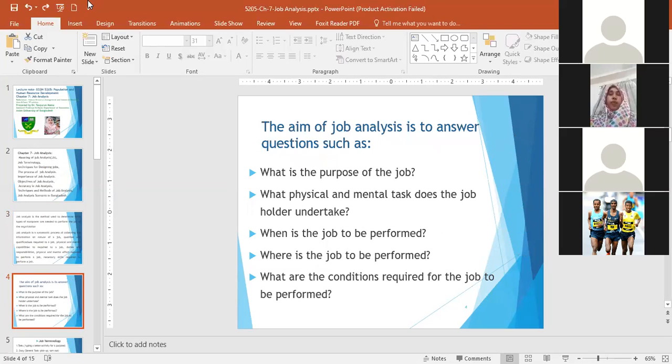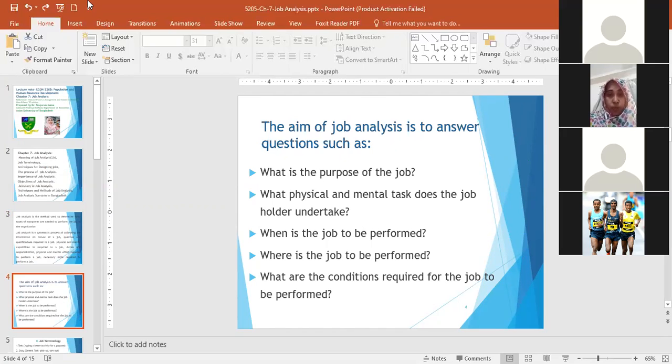Next, the aim of job analysis is to answer questions such as: what is the purpose of the job? What physical and mental tasks does the job holder undertake?